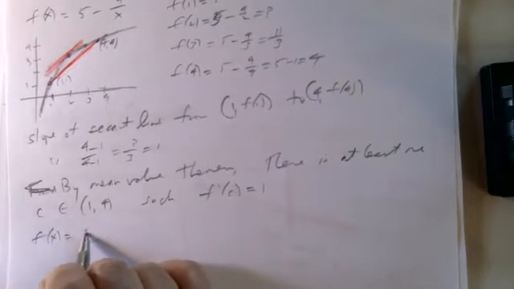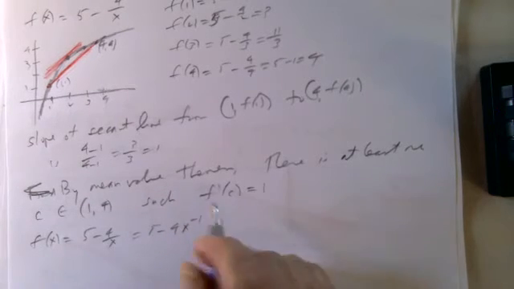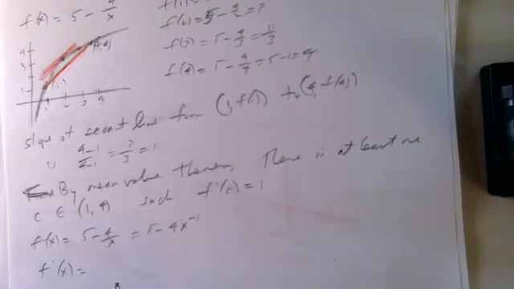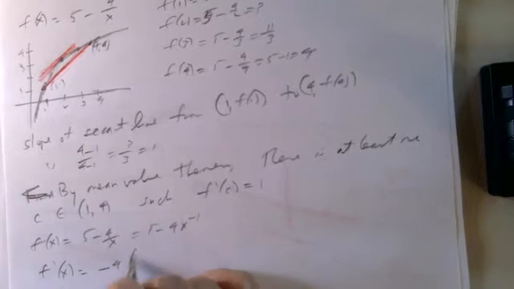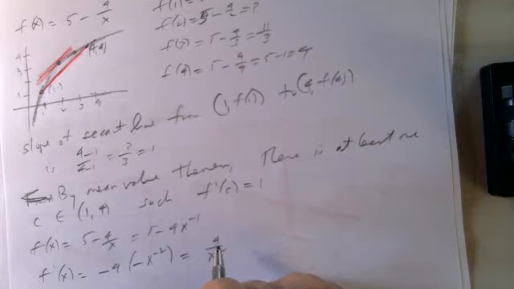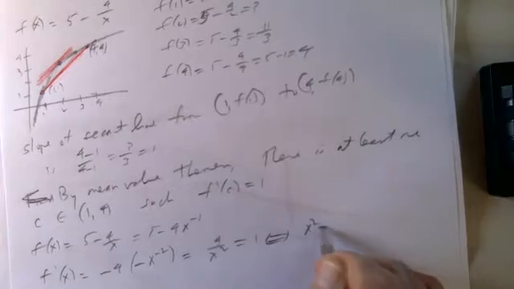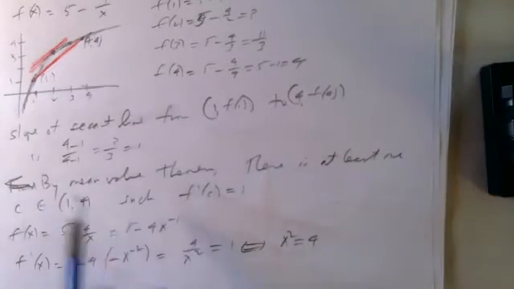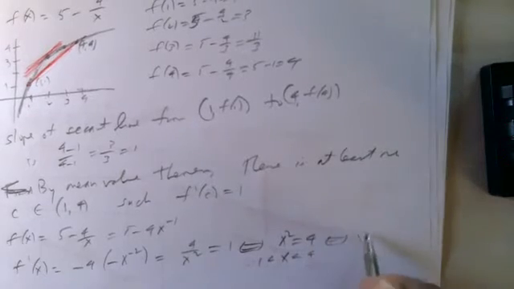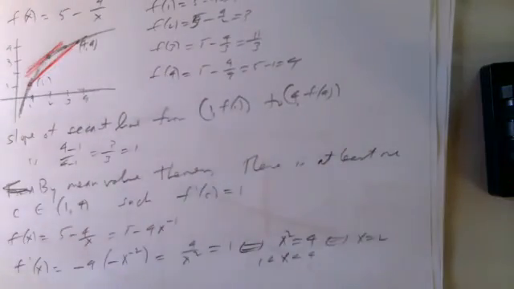Well, if f of x is 5 minus 4 over x, or 5 minus 4 x to the minus 1, f prime of x is minus 4 times minus x to the minus 2, or 4 over x squared. And when is that equal to 1? Well, it equals 1 when x squared equals 4, but I'm only looking for values of x between 1 and 4, so x equals 2.